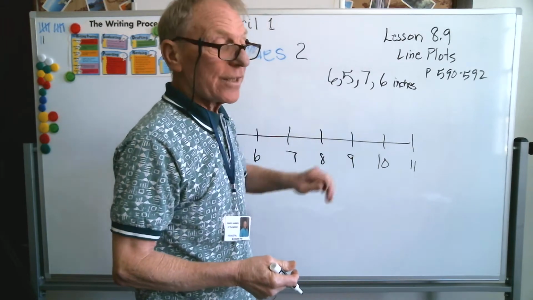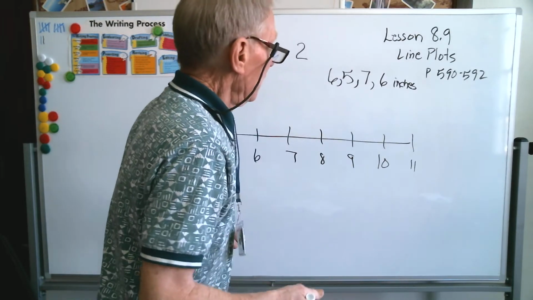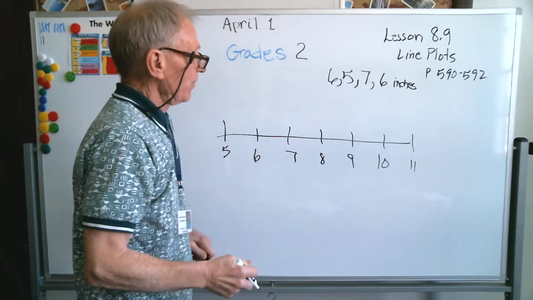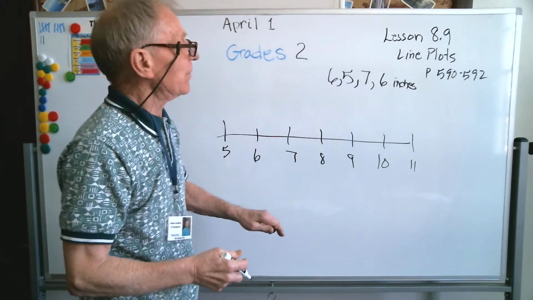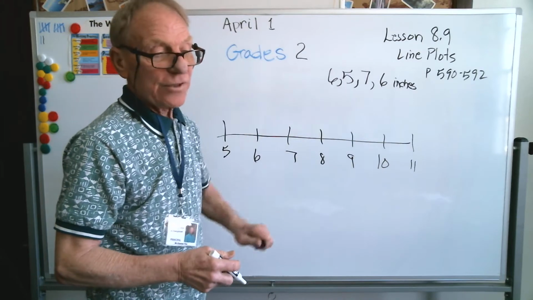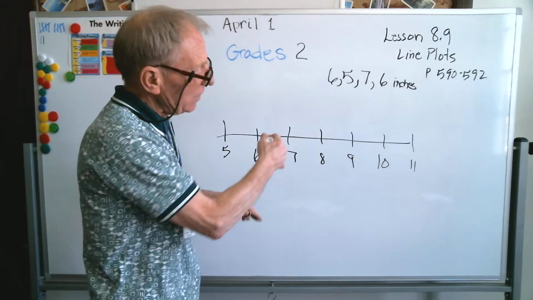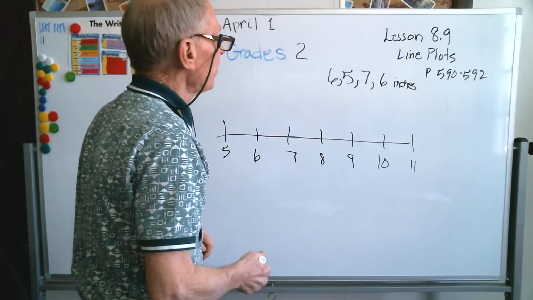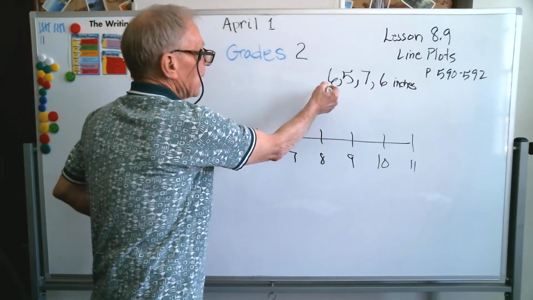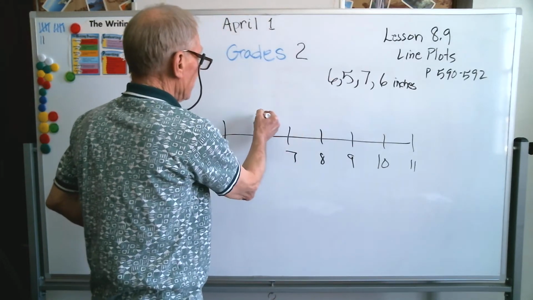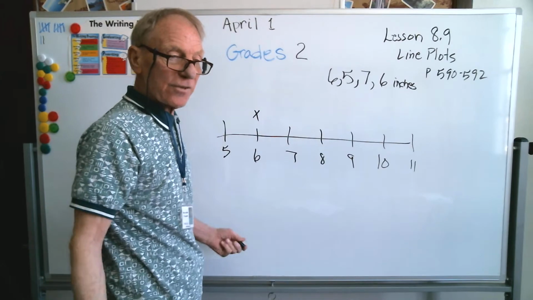So now you look at the numbers, build your line. We don't need all the way to 11. We only go as high as 7 in this data set, but it's okay. We can still use this. Just go right down through the data. There's a 6, so make an X above the 6.